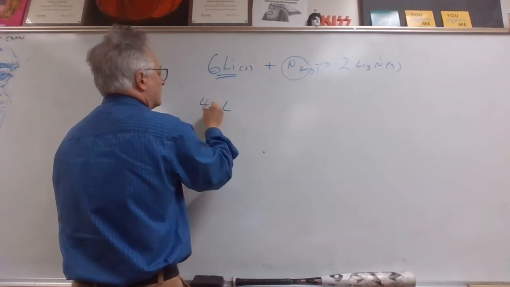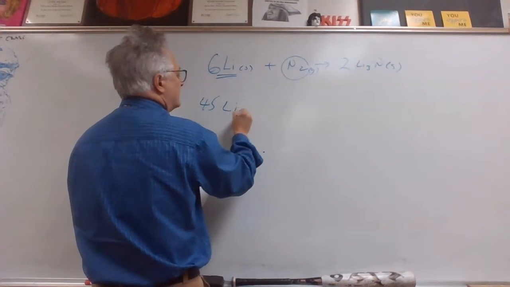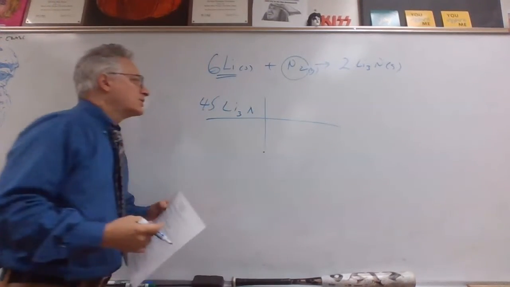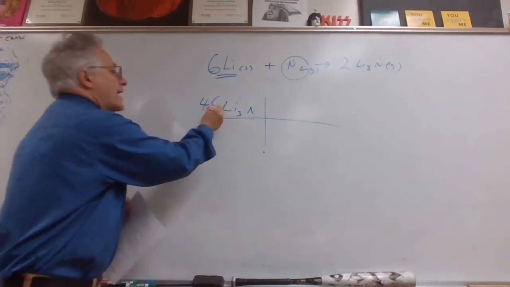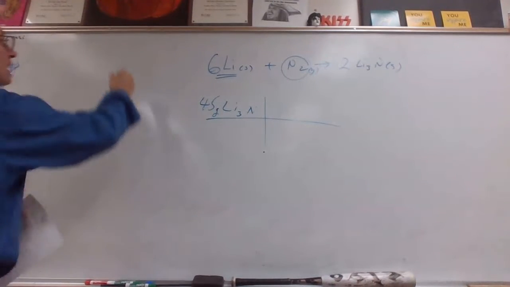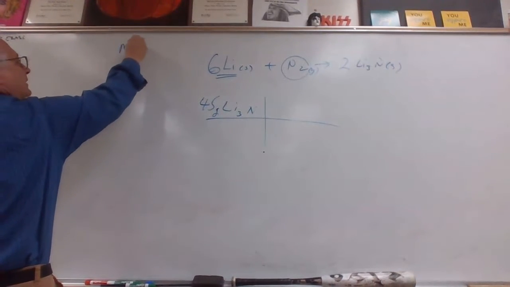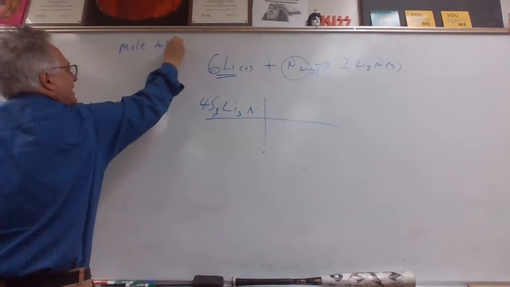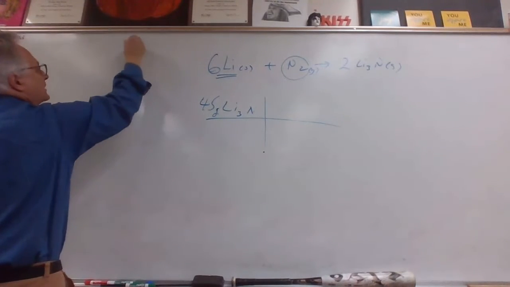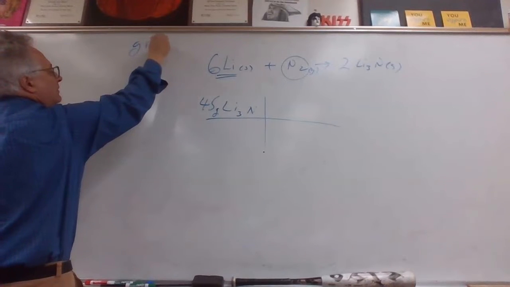So 45 grams of lithium nitride, the first thing we have to do is go from grams of lithium nitride to moles. It's always our first step. It's always going to be moles of something. Let's just call it moles of A. You're always going to get something like grams of something.